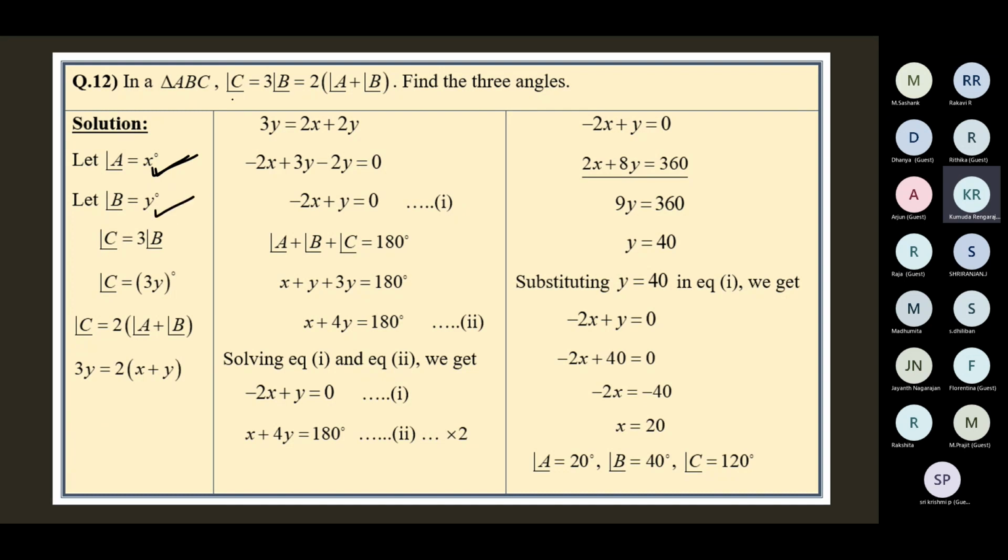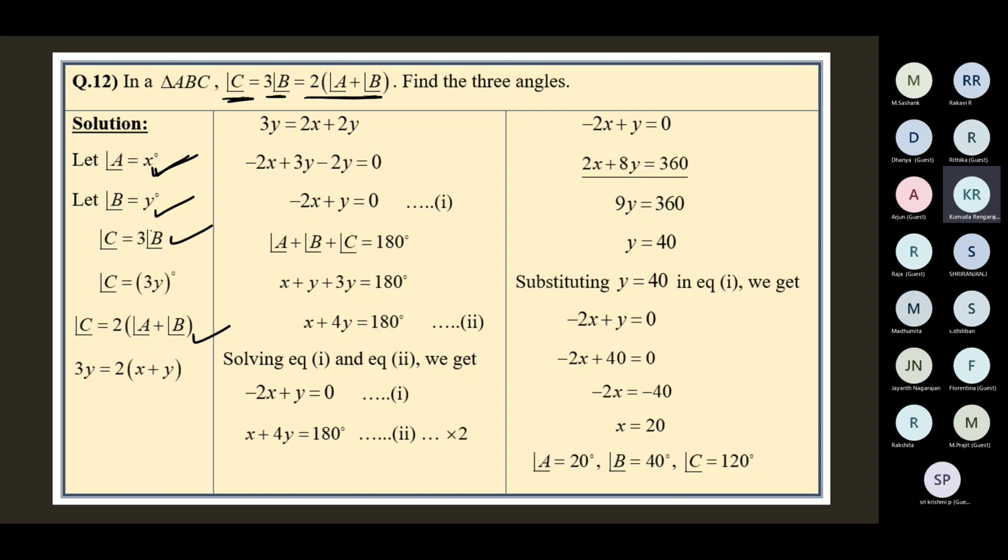Now we have two things from here. Angle C is equal to thrice angle B, and angle C is also equal to twice of A plus B. Using angle C is equal to thrice angle B, we say angle C is equal to 3 times y, because angle B is y.